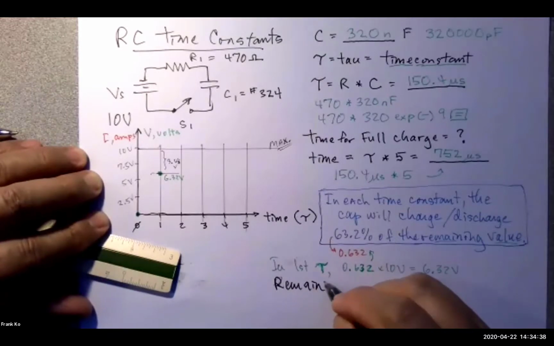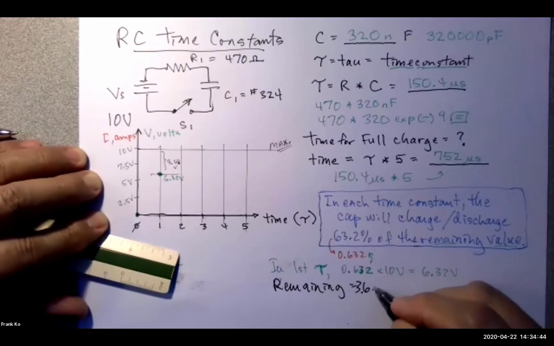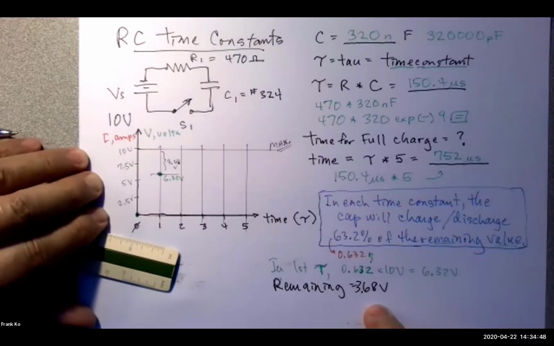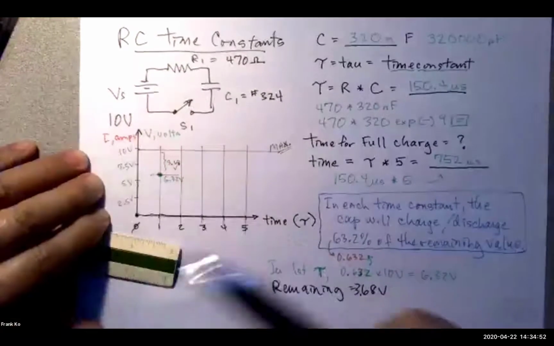Remaining equals 3.68 volts. That's what's remaining. So what's going to happen in the next time constant?